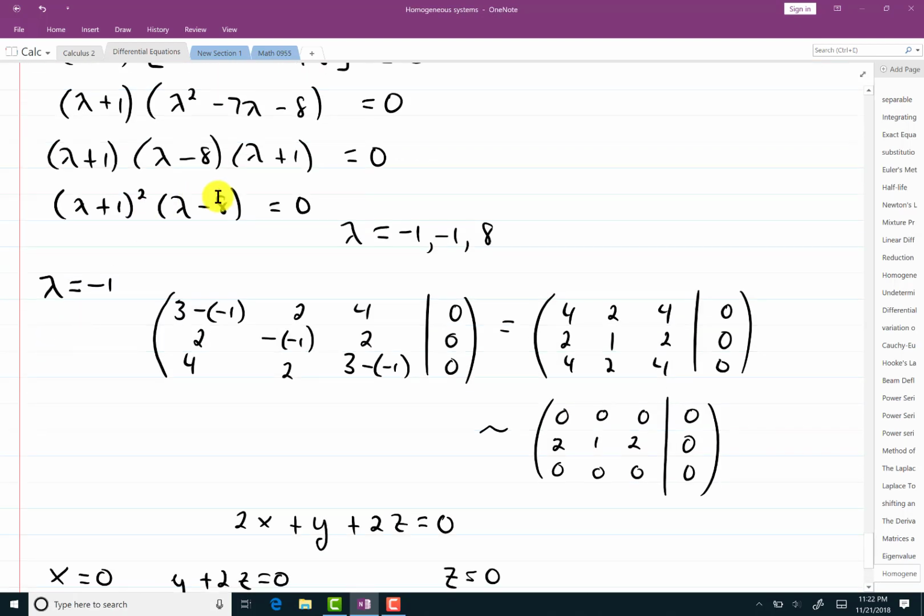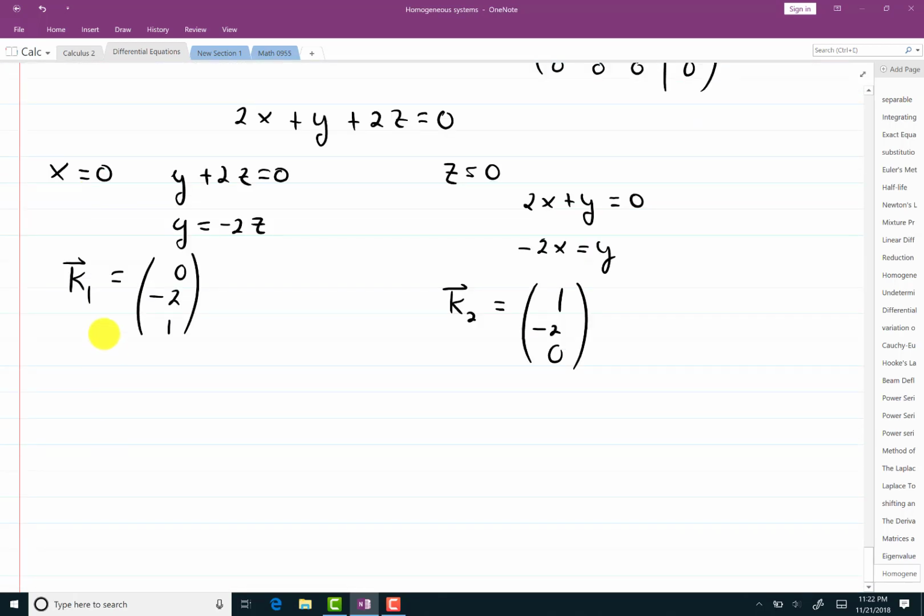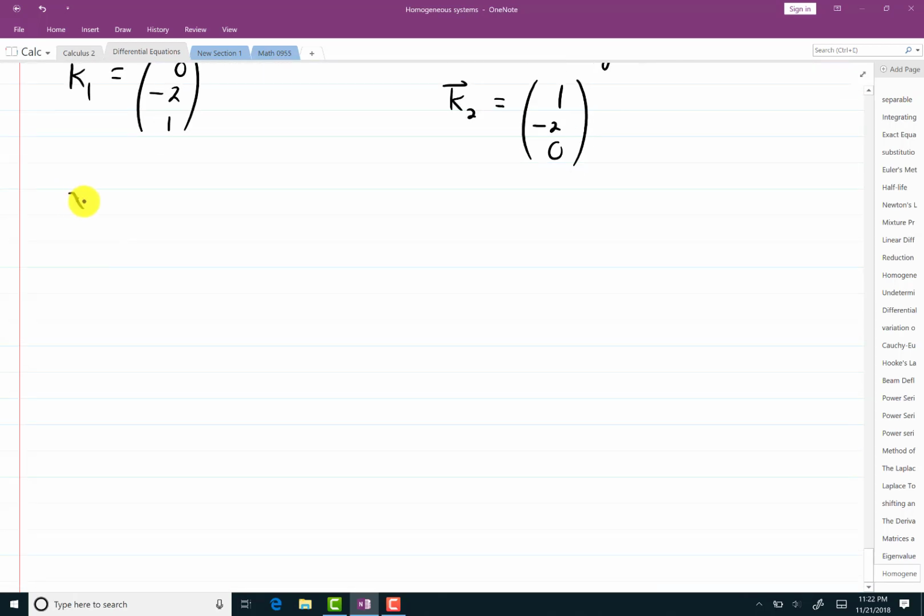And then we have lambda equals 8 as my third eigenvalue. And my matrix then, 3 minus 8, 2, 4, 2, negative 8, 2, 4, 2, 3 minus 8.